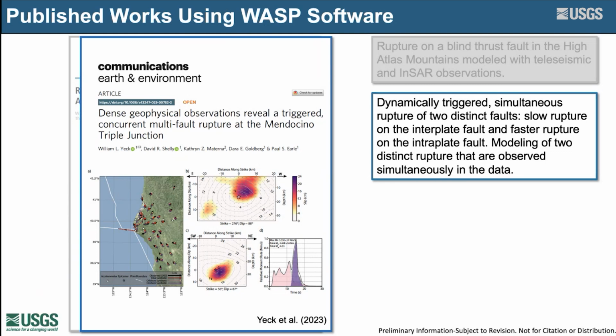And so in this case, you can imagine that that segments data.json file that we talked about would list 2 segments and have no connections because these are disconnected faults.